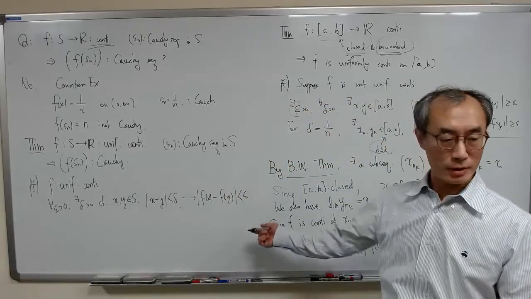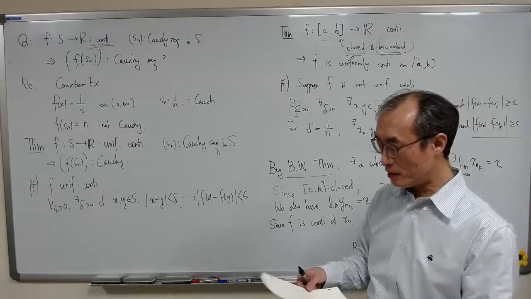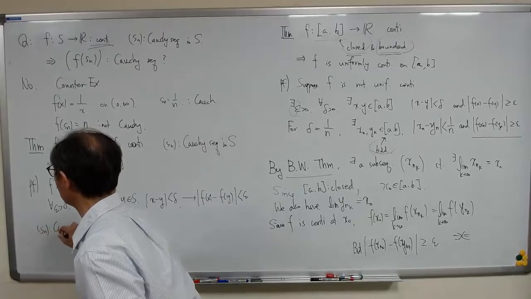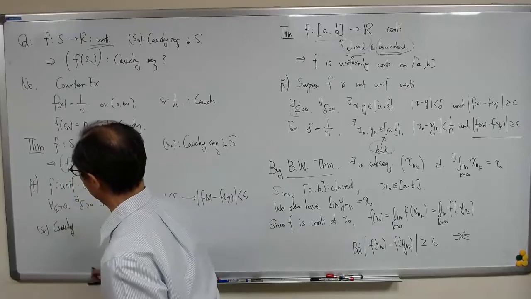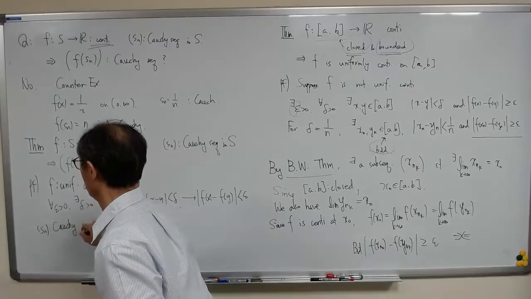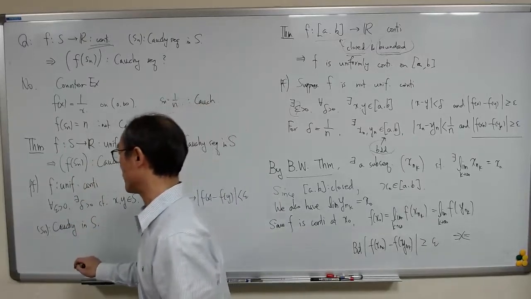Okay, that's uniform continuity. Now let's use the Cauchy property. Since Sn is a Cauchy sequence in the domain of definition, a Cauchy sequence has this property.